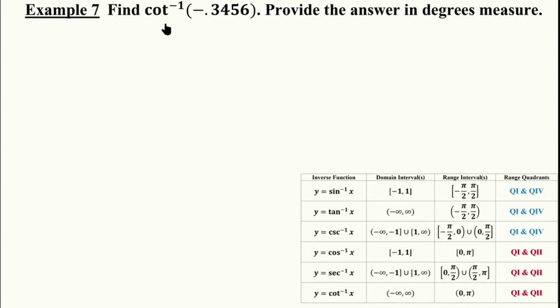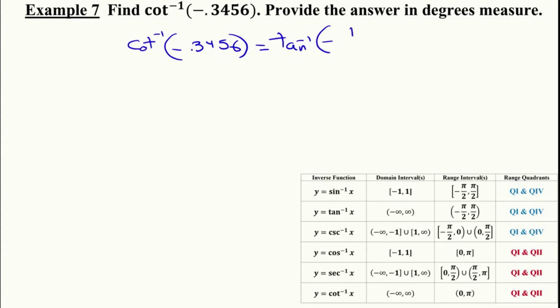All right, we're going to now look at inverse cotangent of negative 0.3456. And we know that we can write that as the inverse tangent of negative the reciprocal of that, so negative 1 over 0.3456.